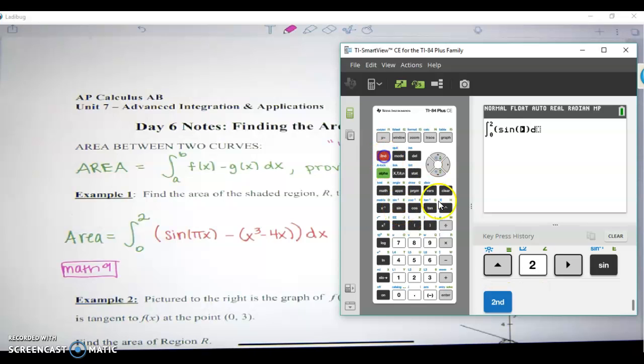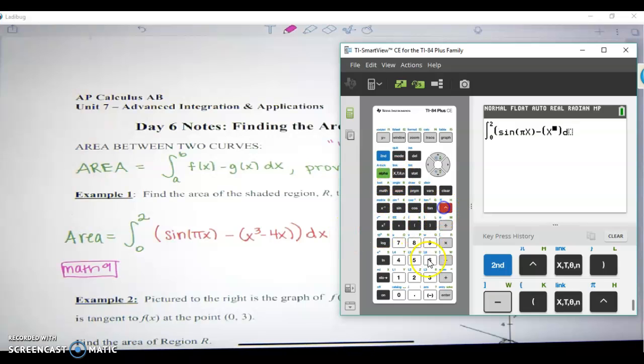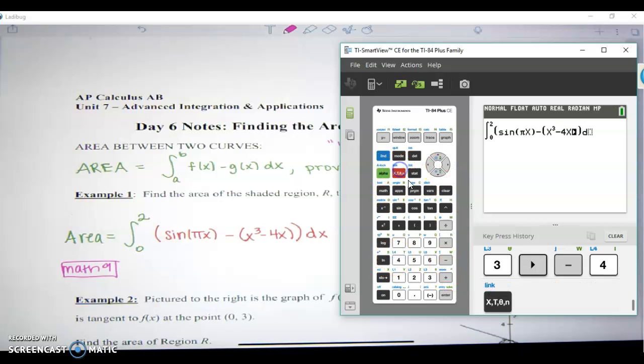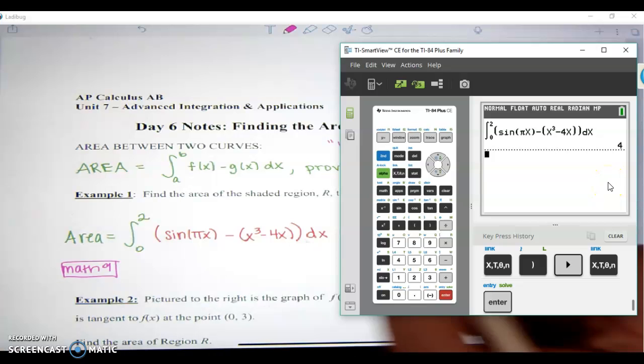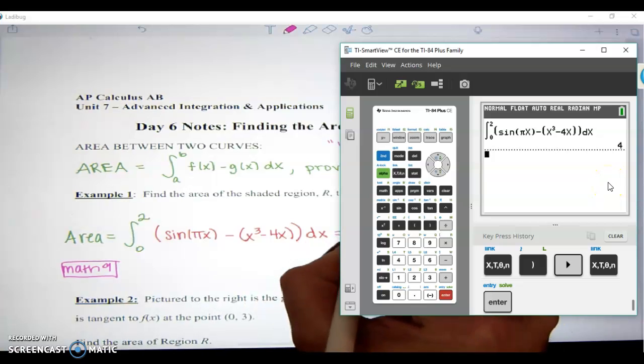I'm going to do sine of pi x, close the parentheses, and then minus, because I have subtraction and I have all this stuff behind it, we want to make sure we put parentheses for the second part. So minus x cubed minus 4x. I'm going to close that parentheses, and then I already have parentheses. And then we always have to put dx for the last part. Just make sure it looks exactly like it does on your paper, and you're going to end up with exactly 4. So this answer is going to give us 4.